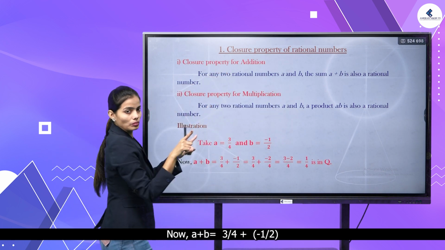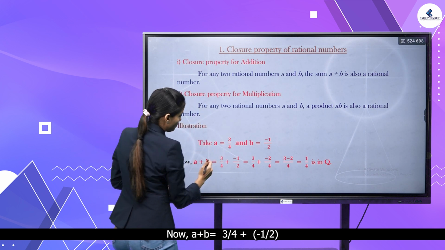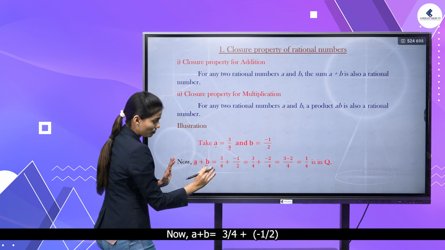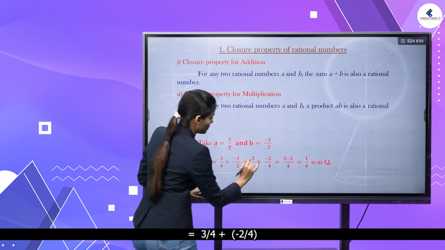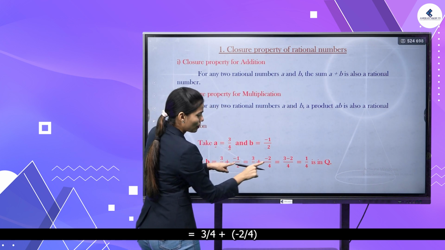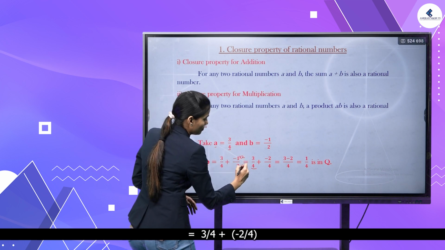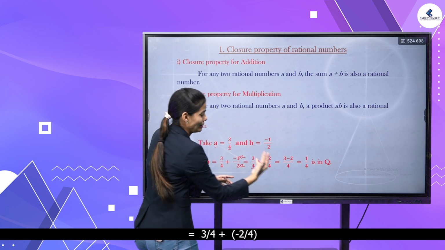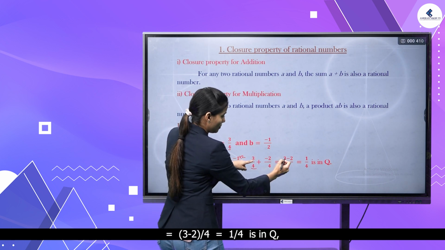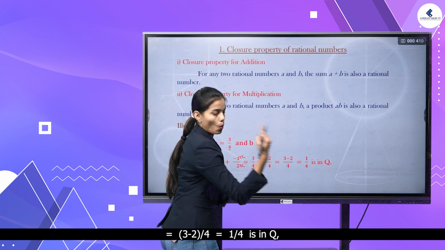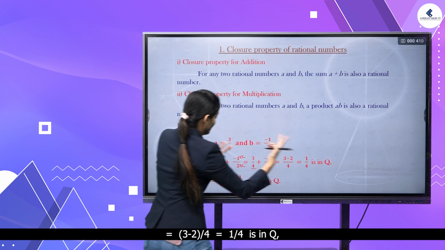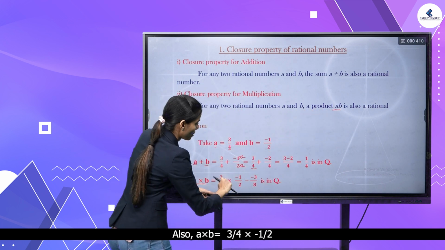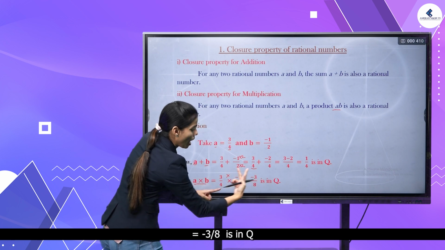Now, a plus b is equal to 3 by 4 plus minus 1 by 2, is equal to 3 by 4 plus minus 2 by 4, is equal to 3 minus 2 by 4, is equal to 1 by 4, which is in Q. Also, a into b is equal to 3 by 4 into minus 1 by 2, is equal to minus 3 by 8, which is in Q.